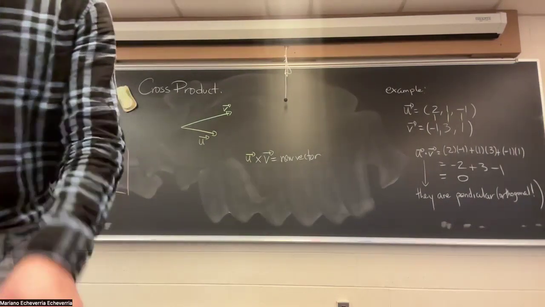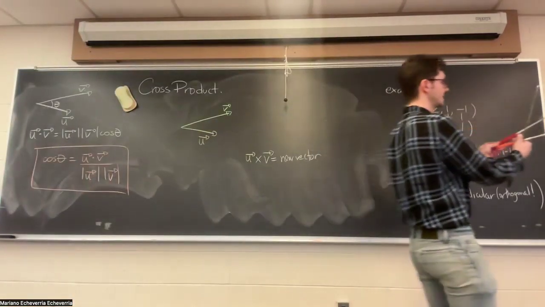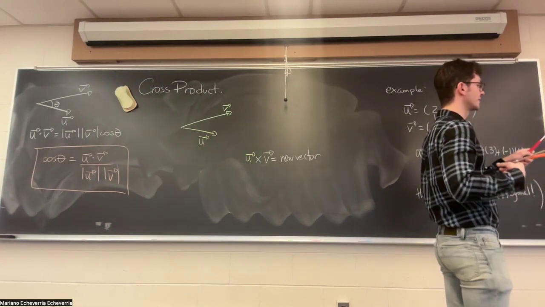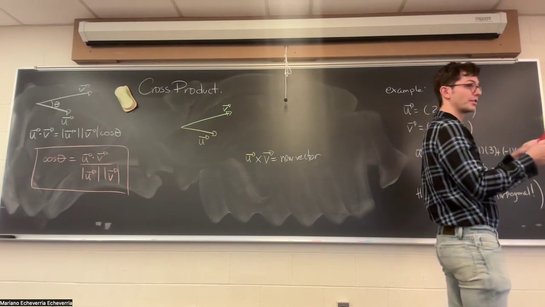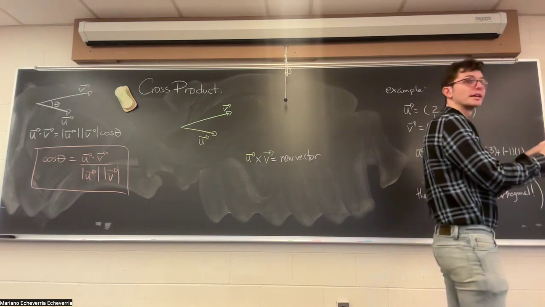So for example, in this picture, if I have the vectors like this, the cross product is going to be a vector that's perpendicular to each of these original vectors. In this case, it will look something like this.